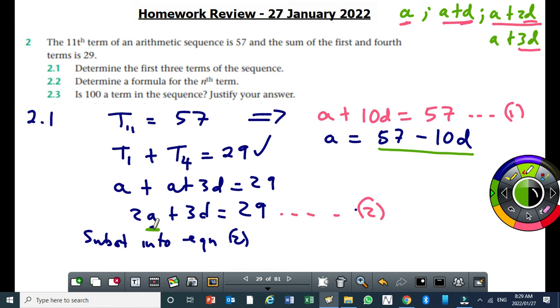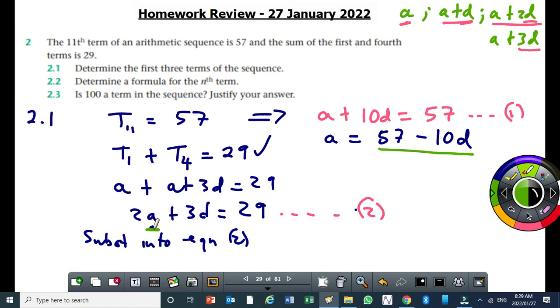So it's more like I am 57 minus 10d, and you are A, the A in equation 2. I'm just going to come and displace you. That's all. So 57 minus 10d is replacing A. That's a simple illustration of it.